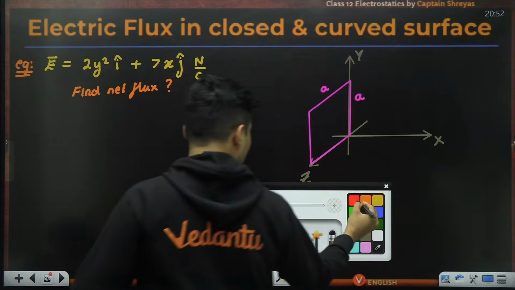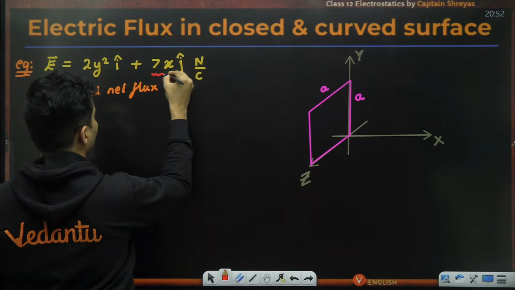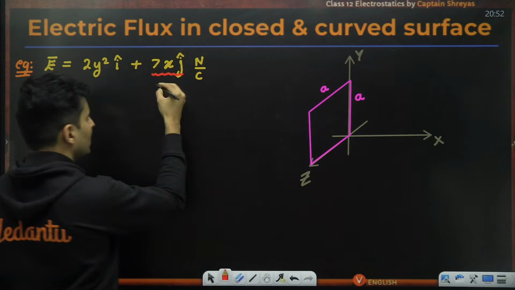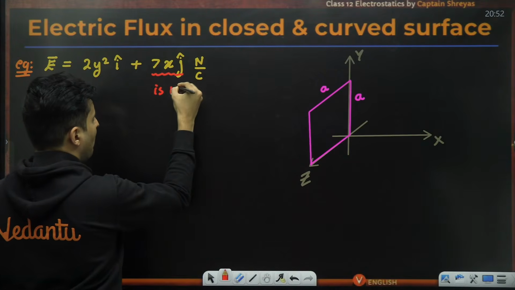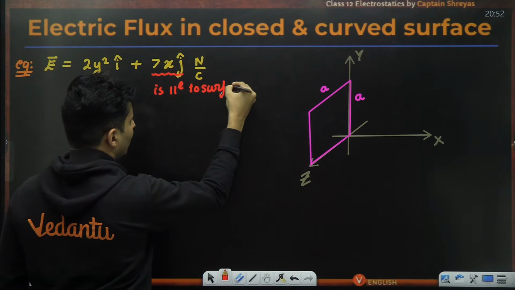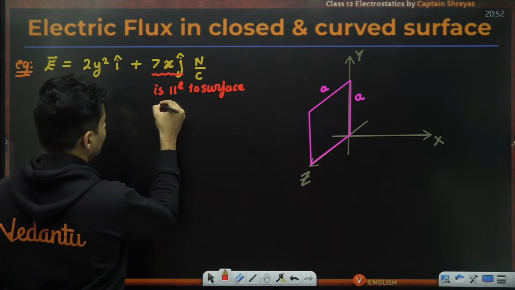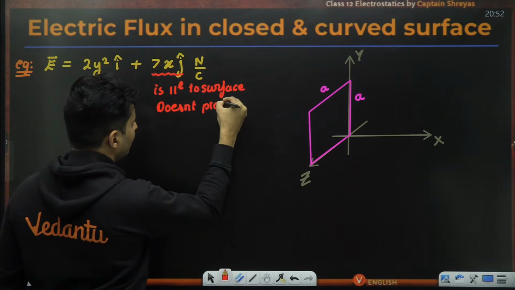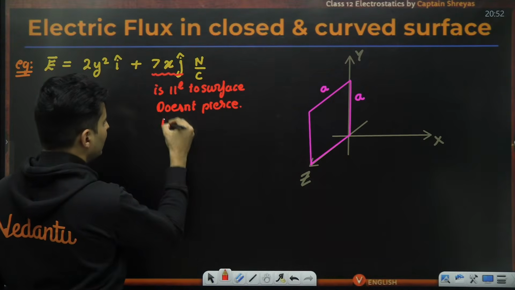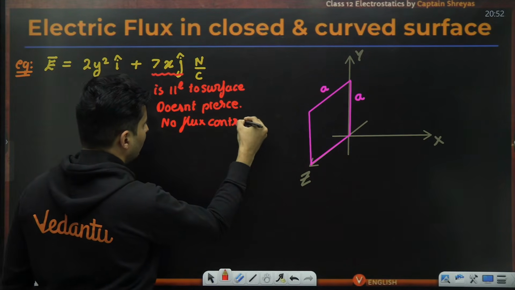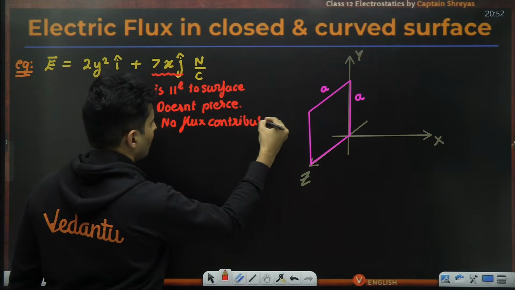So this particular portion is parallel to the surface. That is, it doesn't pierce it. If it doesn't pierce it, there is no flux contribution.